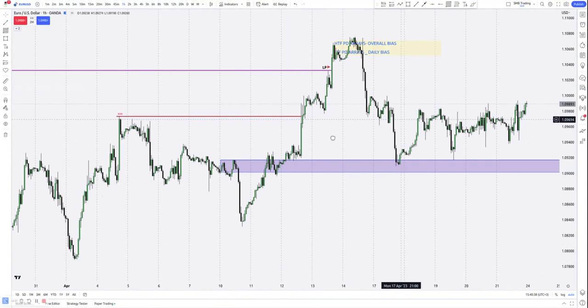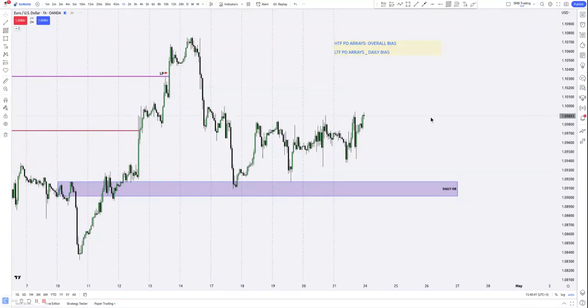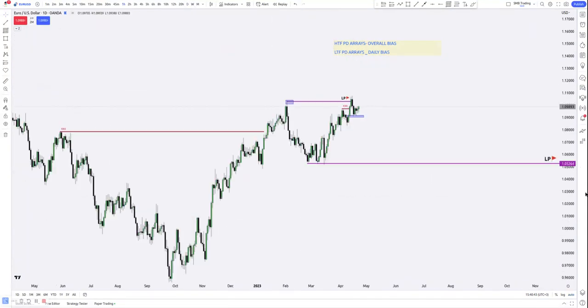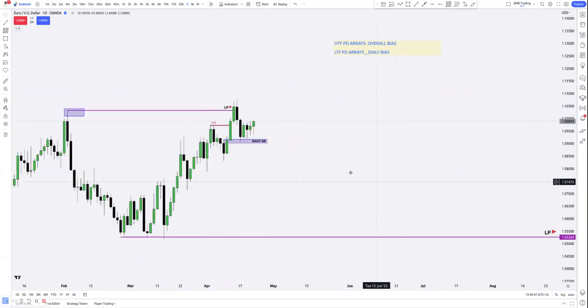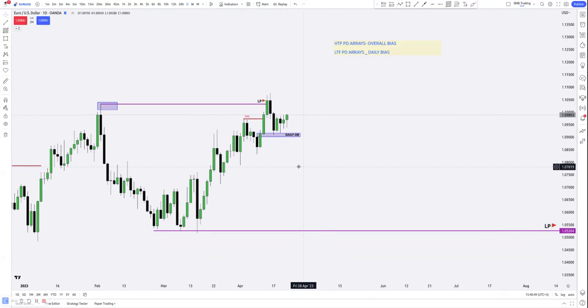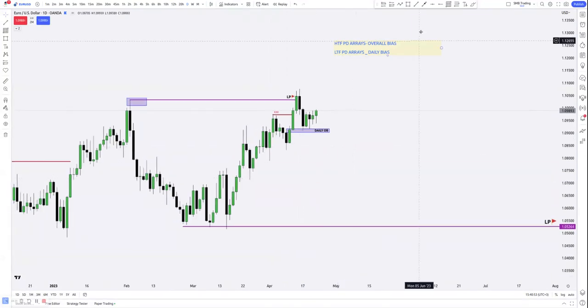So we have already established that on the higher time frame we are bullish, but then we have taken liquidity. We could be bearish. Yes, we've taken liquidity, but we haven't had any break in structure, any shift in structure. Here I mentioned that we had a shift in structure. Here we had a shift in structure.